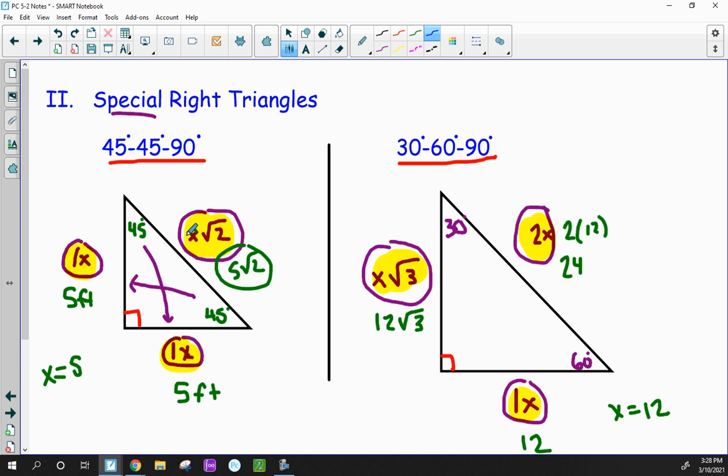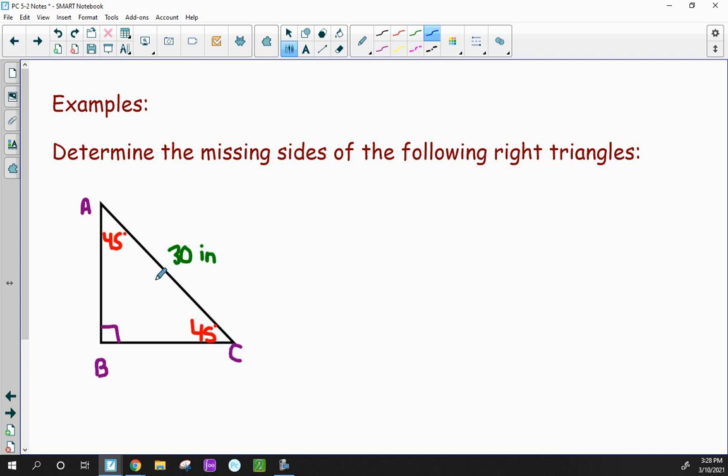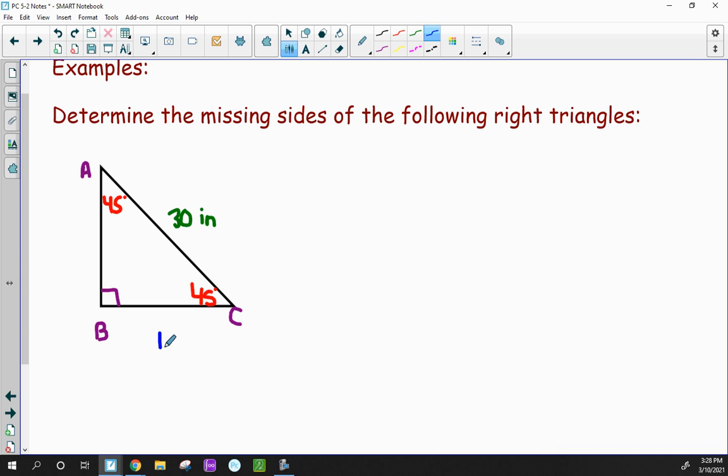Looking off your notes, across from 45 is 1x, 1x, and then x radical 2. Every single time you have a problem like this, I highly suggest that you fill those in. I like to circle them just because it's not a part of the original problem, I'm adding something to it. And this side's x radical 2.